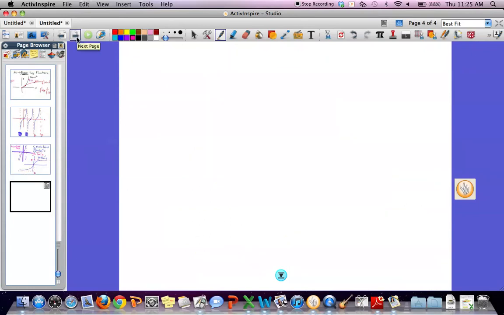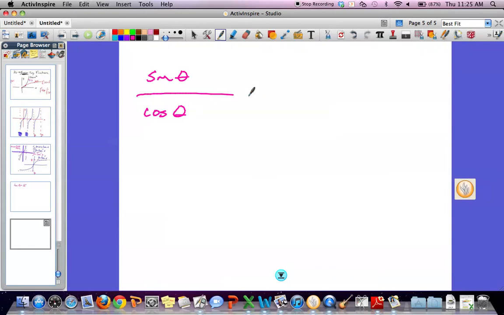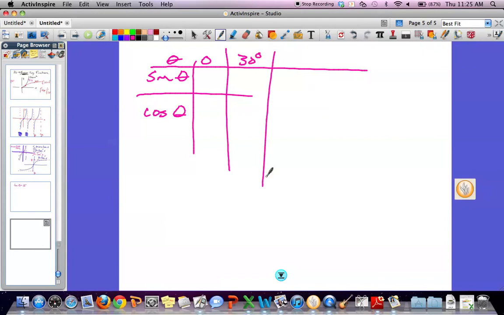So you might be asked to do something like this. The tangent of theta is the square root of 3. Maybe before I do that, let's just do something here really quick. The sine of theta, the cosine of theta, and we have this table that we've already done. So here's my theta. We'll say 0, 30 degrees, 45, 60, and 90.